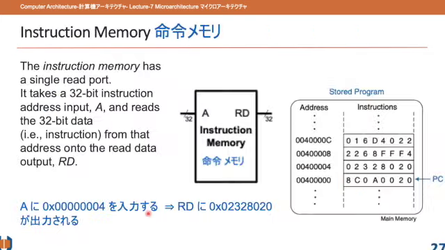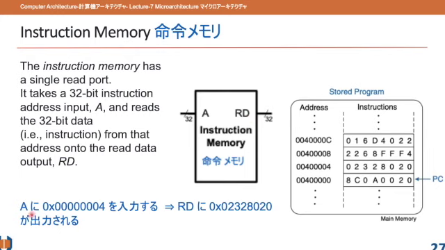Well, let's start with the instruction memory. As you know, these are the parts for the memory: you have the memory address and the instruction here. The instruction memory has a single 32-bit read port. It takes a 32-bit instruction address input, A, and reads the 32-bit data here, RD.